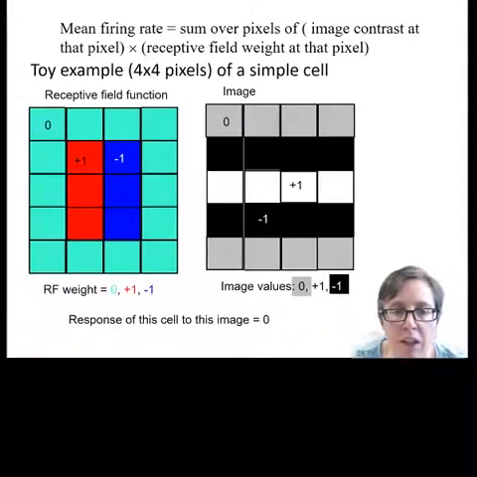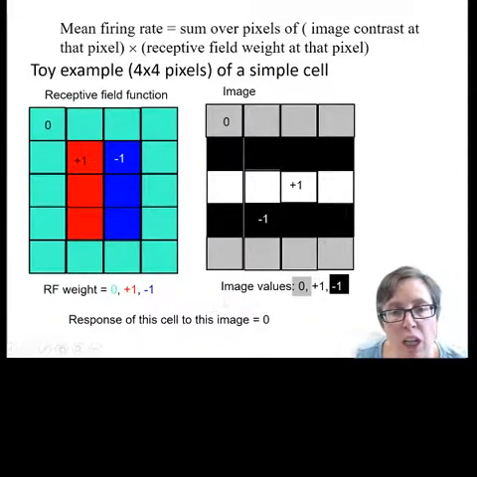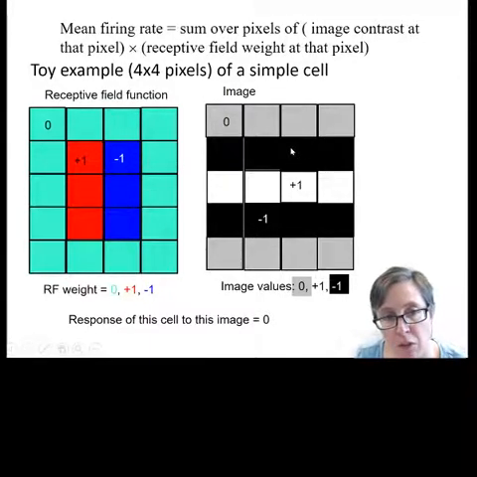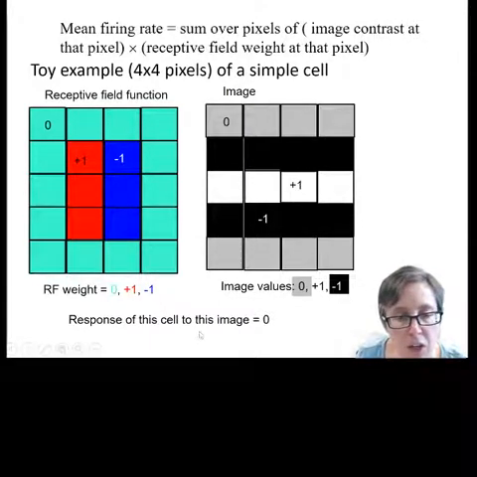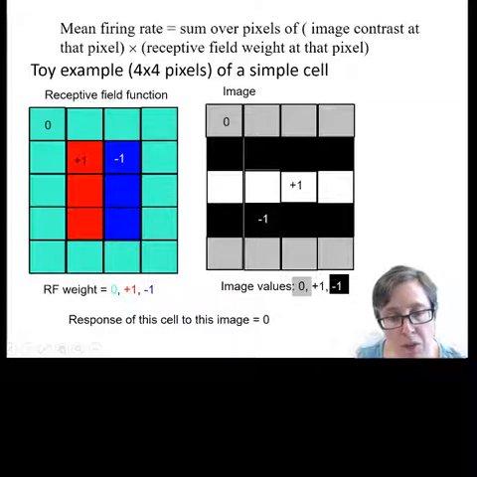Okay, let's think of another example image. So here we've got a horizontal bar going across the cell. So once again, we go 0 times 0 and so on, plus 1 times minus 1, minus 1 times minus 1, so that's giving us minus 1 and plus 1, so that gives us 0. We've got 0 times minus 1 and so on. And if you go through this, you can do this in your own time, you'll find that the response of this cell to this image is 0.